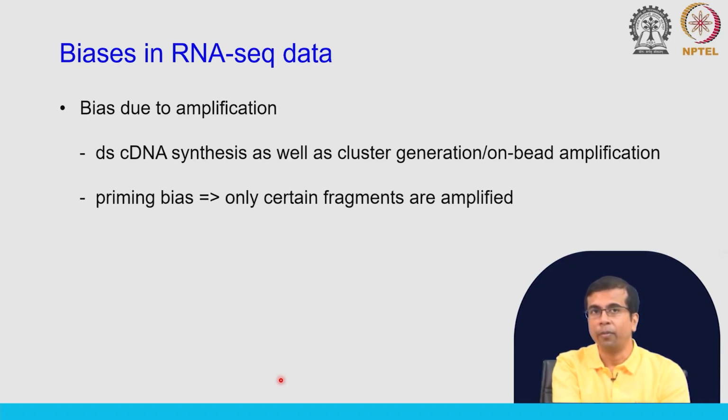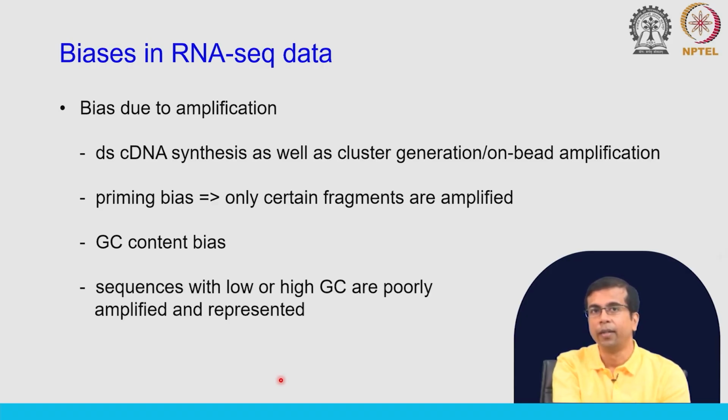Now, we have talked about priming bias, which means that only certain fragments get amplified, so these will be overrepresented in the library. In addition, there is something called a GC content bias. So, what is this GC content bias? What researchers have observed is that sequences that have low or high GC are usually poorly amplified, and they are poorly represented in the RNA-seq library.